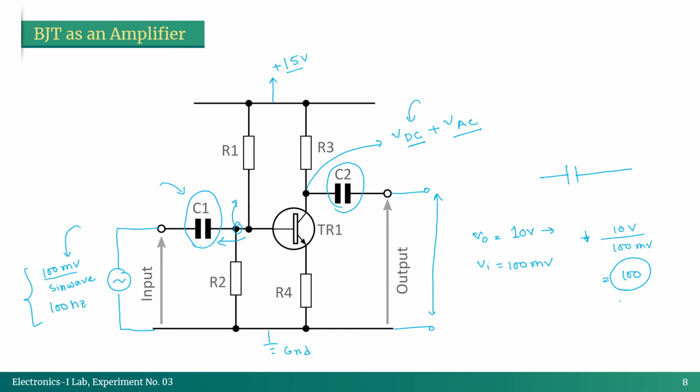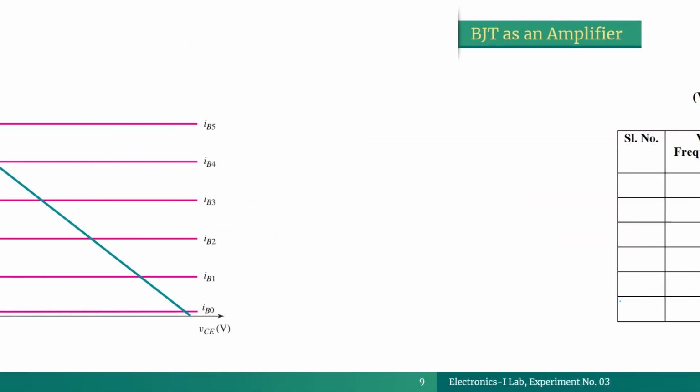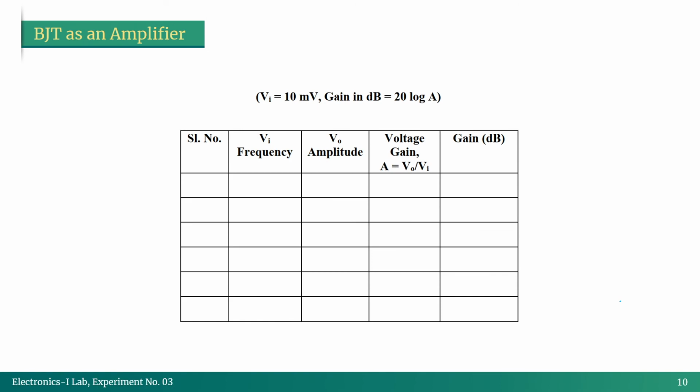And then another important thing is to find out the frequency response. What do I mean by frequency response? For any particular BJT and particular circuit, obviously for different input frequency, the gain at the output will be different.